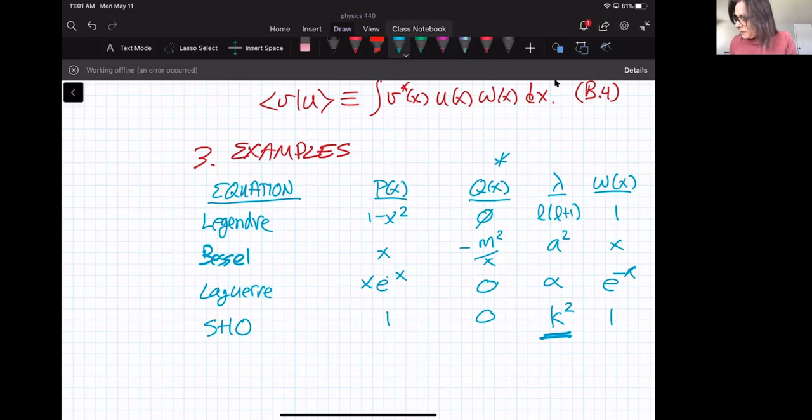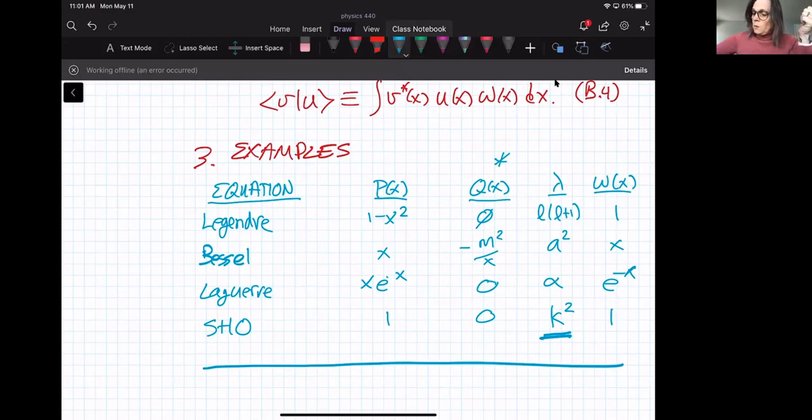I think that we're out of time, so I'm going to leave it here. Where we're headed next time is looking at how we use these to solve the Schrodinger equation. There's a particular example of looking at deuterium, or the deuteron, and then some other specialized function solutions.